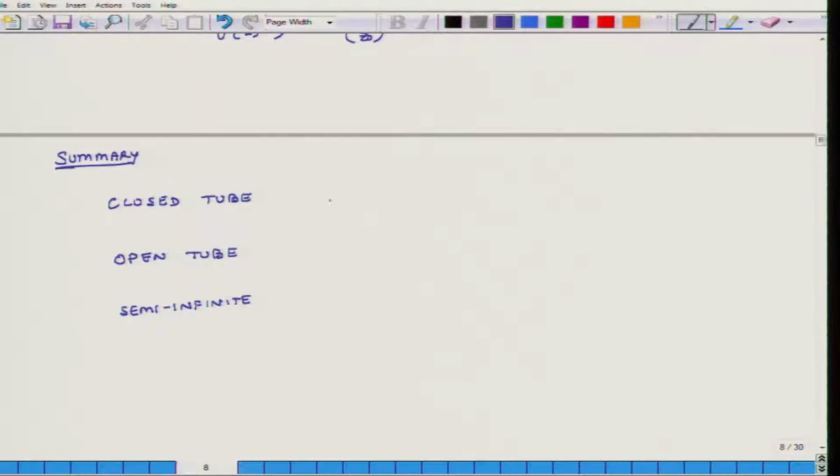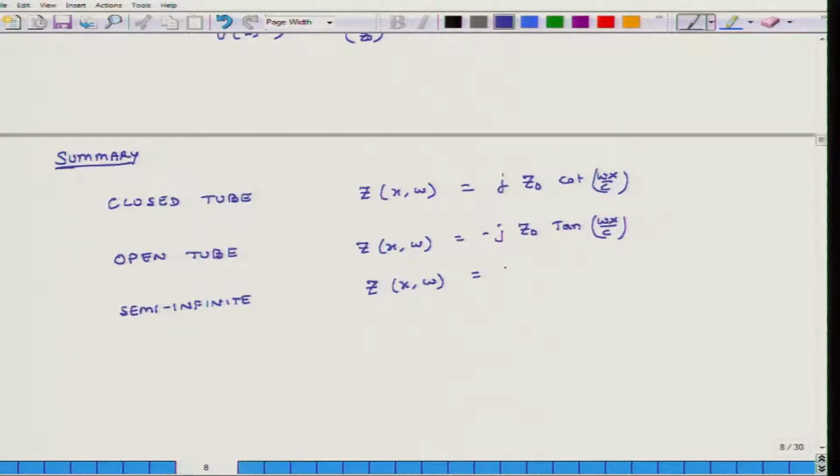So, for closed tube, Z which depends on x and omega is j Z naught cotangent of omega x over c. For open tube, Z is equal to j, but it is negative, Z naught tan omega x over c. And for semi-infinite tube, this is equal to Z naught and that is equal to rho naught c.